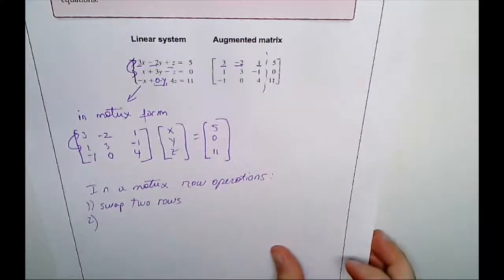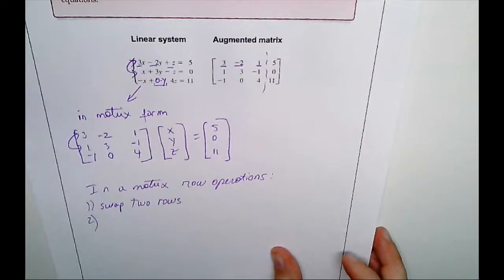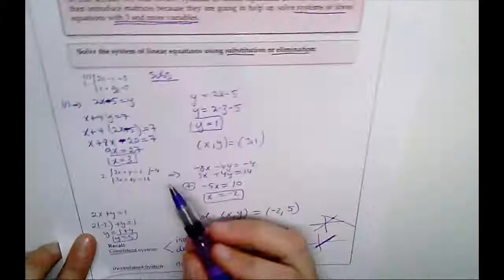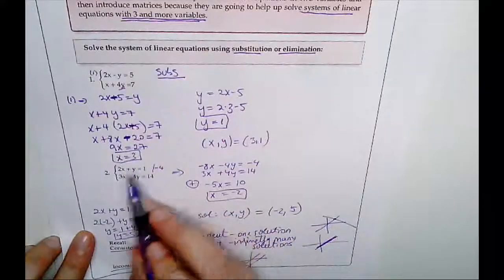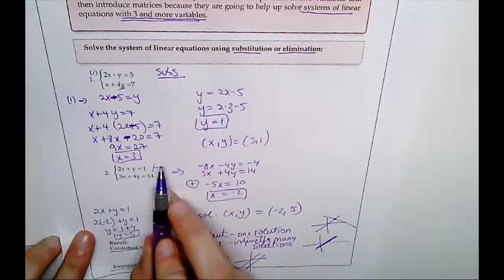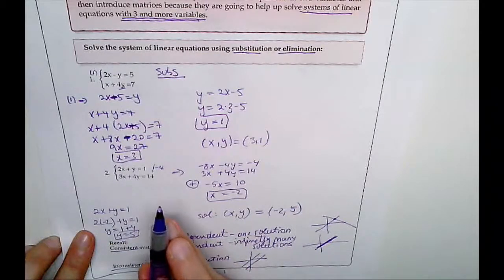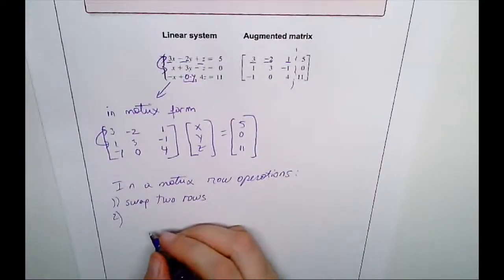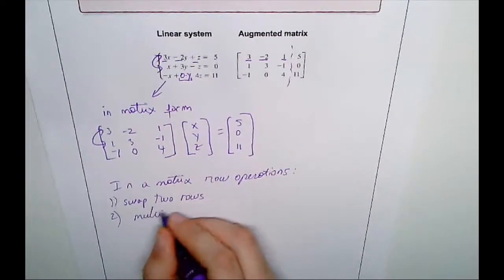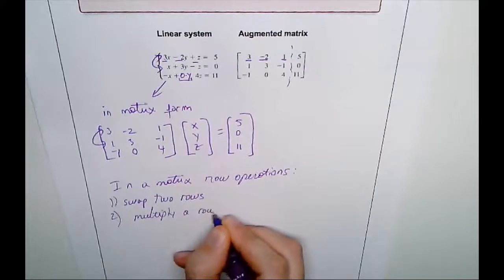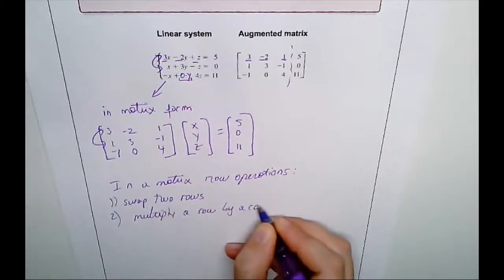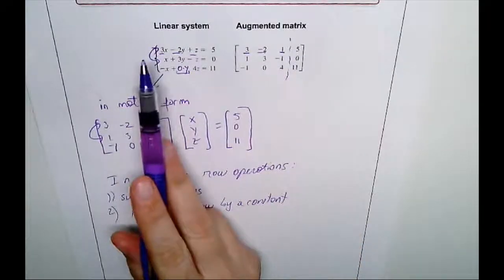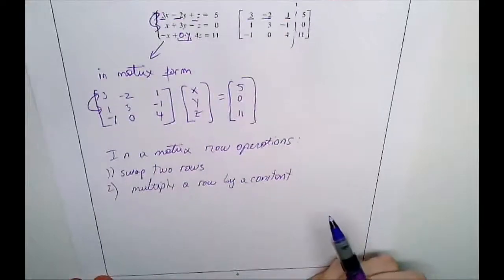Also, recall that in the first page we multiplied everything by -4. So I don't change the system if I multiply both sides of one equation by -4 or a constant. So I can multiply a row by a constant, and that does not change the matrix, because multiplying 1 row in the system does not change the matrix.